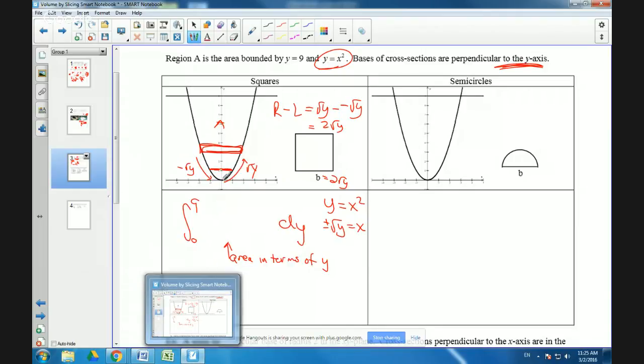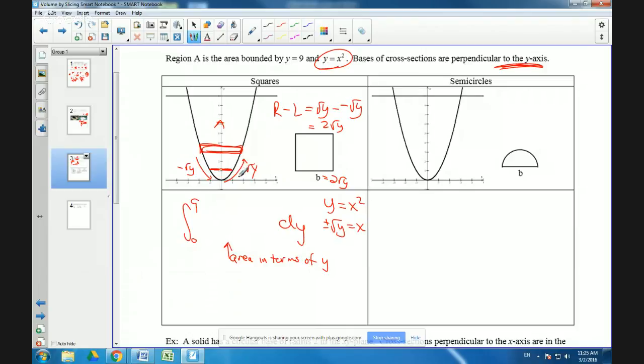This is the positive part of the function, correct? Do you agree? That only starts right here. It doesn't include this side. So from here up, it's the square root of y. But we know this is symmetric, so it's root y in this direction as well. There are two of them.